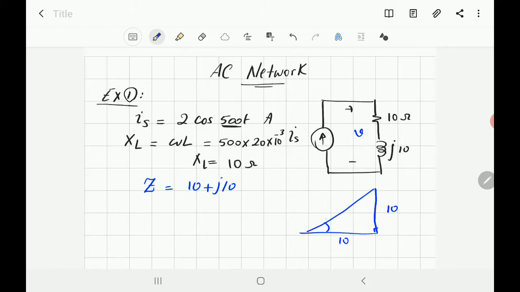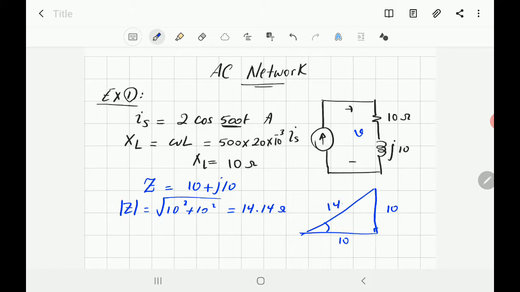For the magnitude of Z, you can get it just by saying the magnitude of Z is equal to the square root of 10 squared plus 10 squared. We'll find Z equal to 14.14 ohm.